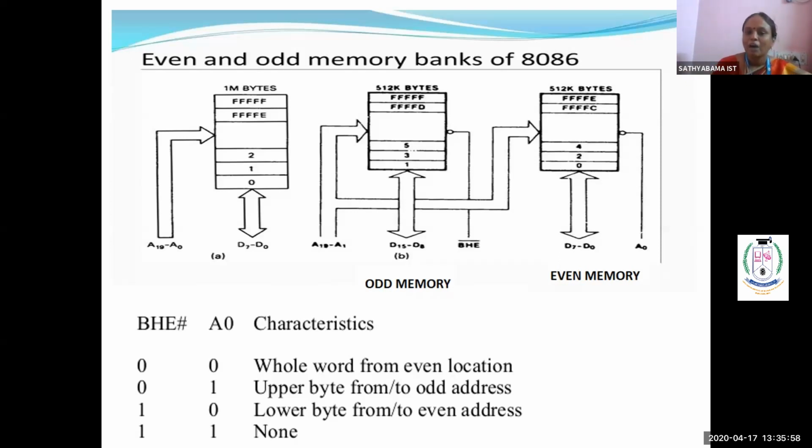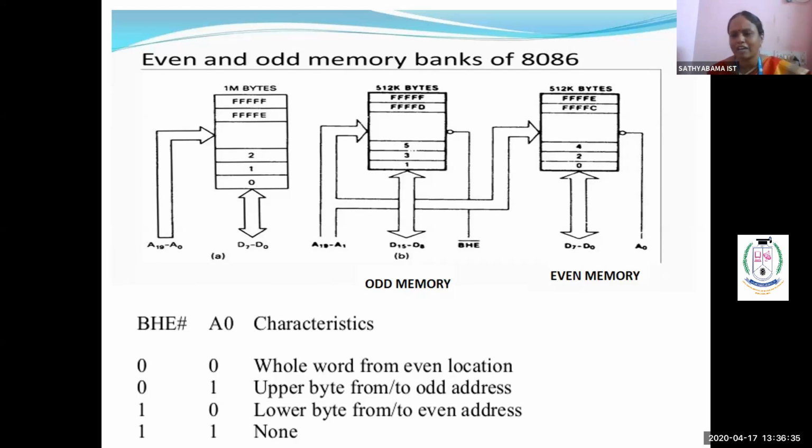Depending on that, you see 0, 0: whole word, meaning 2 bytes, 16 bits, from an even location. 0, 1: upper byte to odd address, lower byte to even address. Upper byte means D8 to D15, lower byte means D0 to D7. In the same way, it specifies how data is stored in the odd memory bank and the even memory bank.